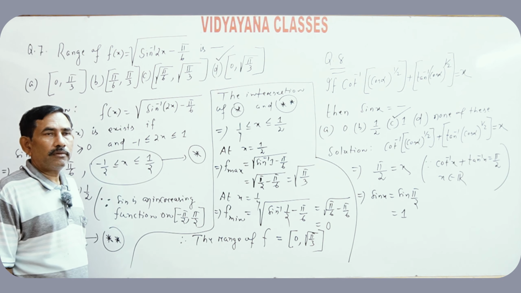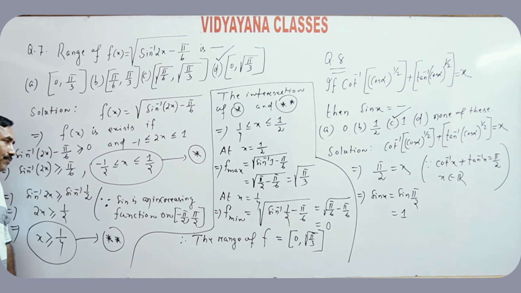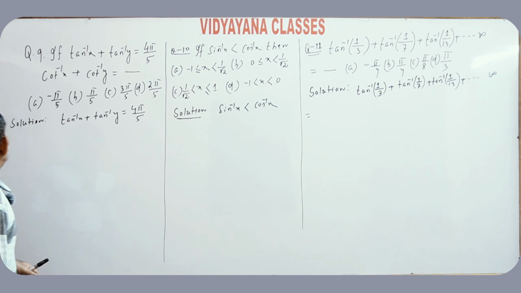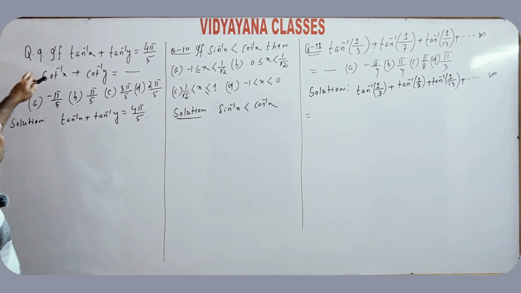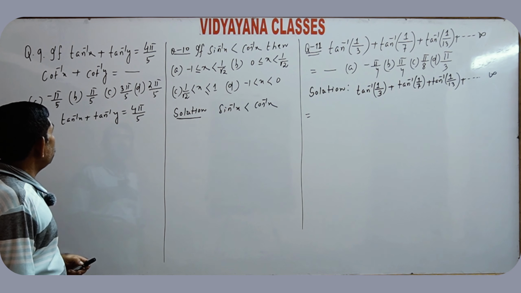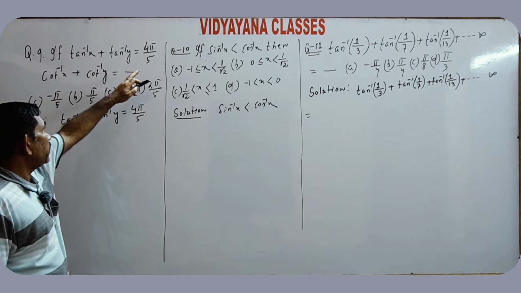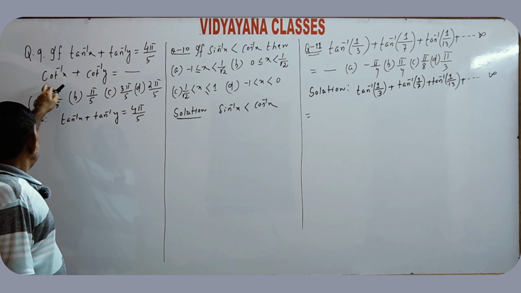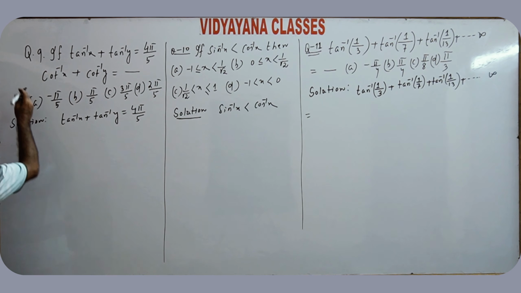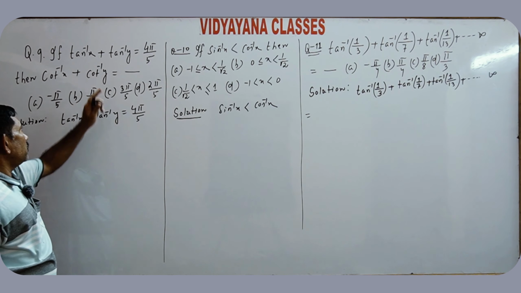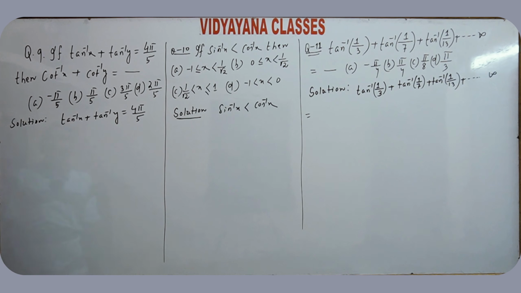Clear? Okay. No doubt? Question number 9. If tan inverse x plus tan inverse y is equal to 4 pi by 5, then cot inverse x plus cot inverse y is equal to dash.